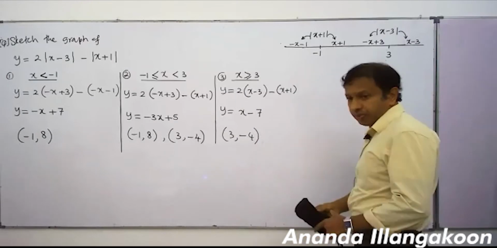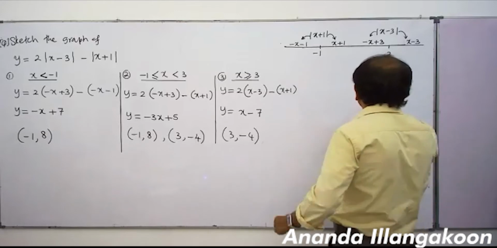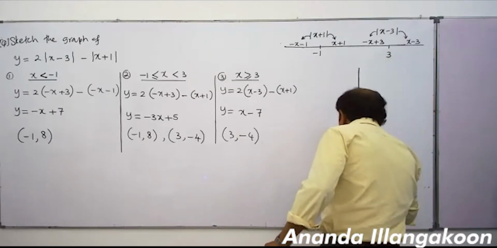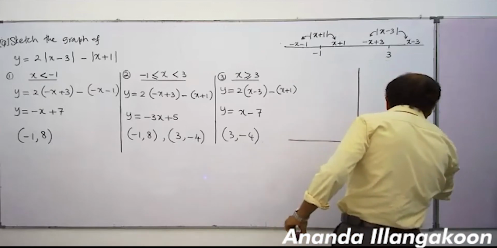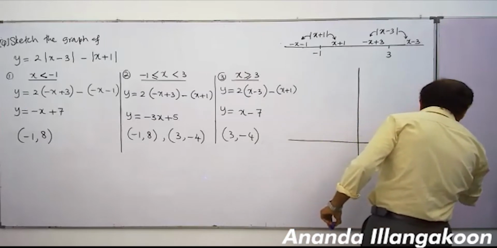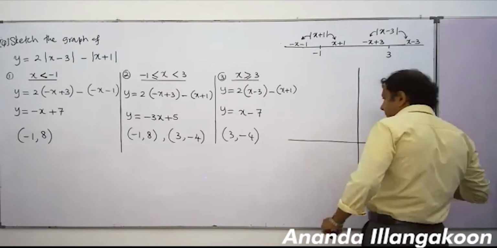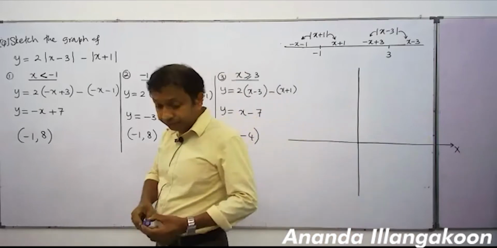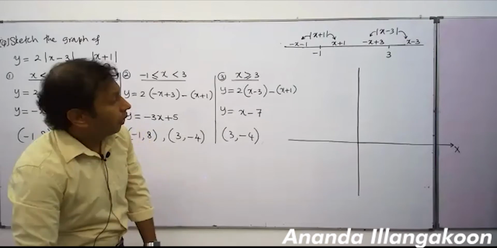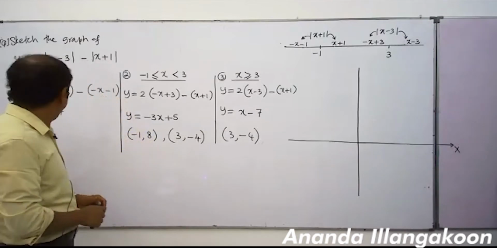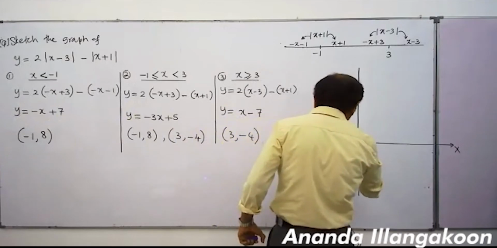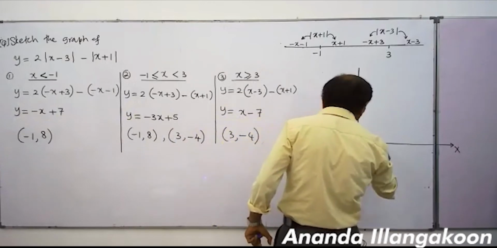Right. So now we'll draw the OXY plane. Okay. Now x equals minus 1 here. X equals 3 here.